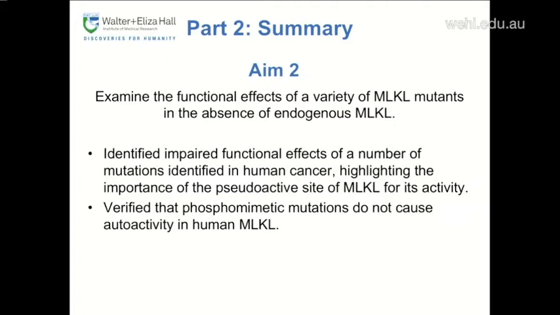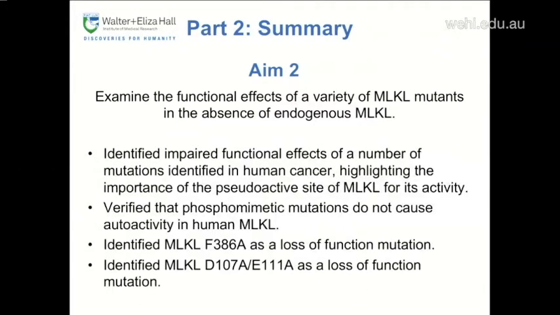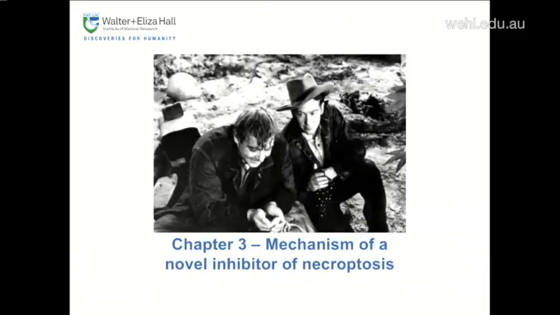So we verified that the phosphomimetic mutations don't cause autoactivity in human MLKL, and identified both the F386A and the D107A and the E111A as loss of function mutants of human MLKL as well.